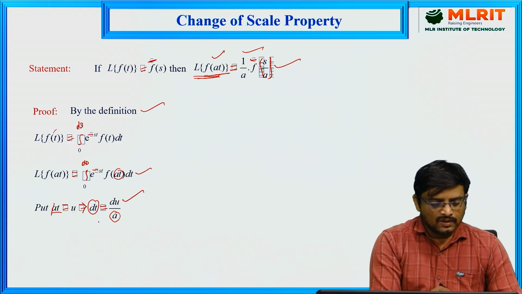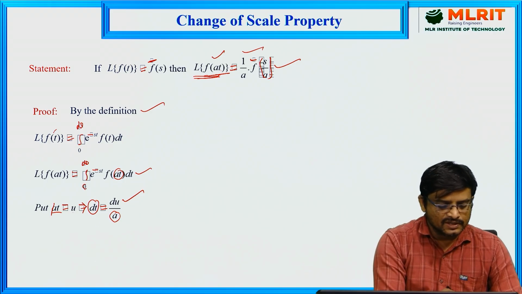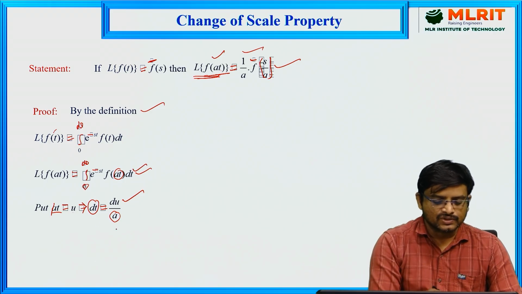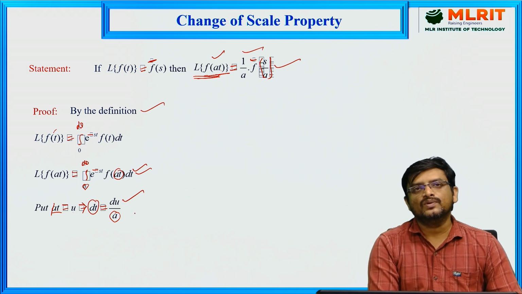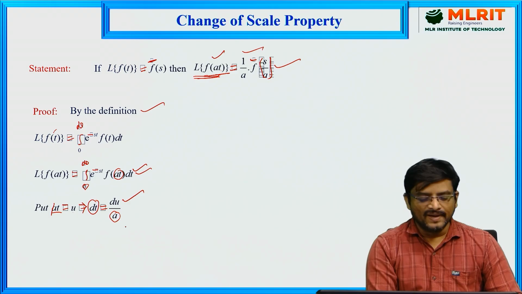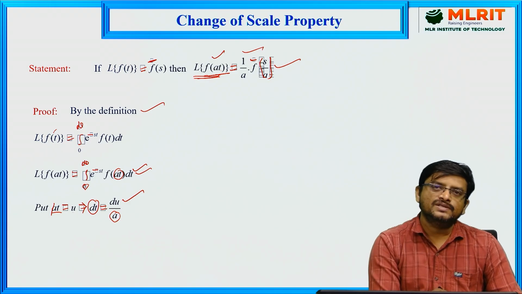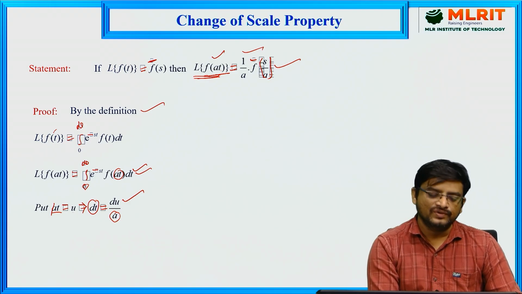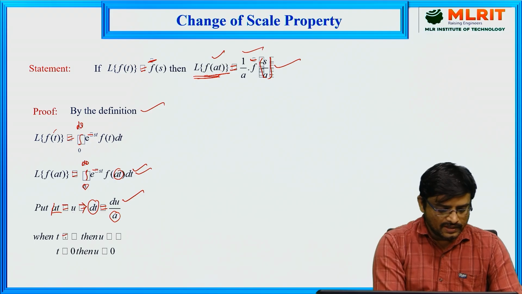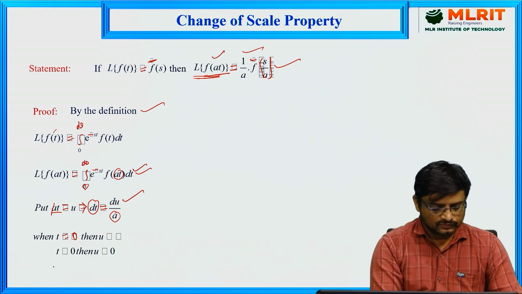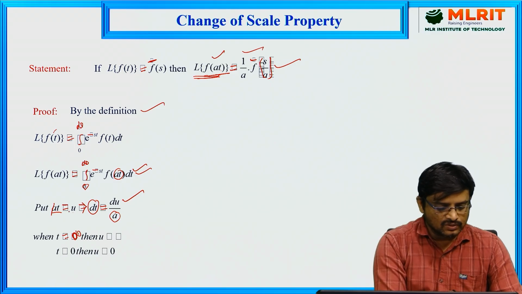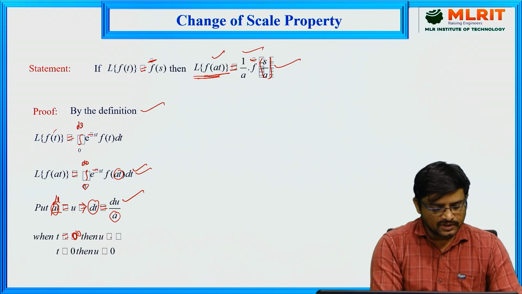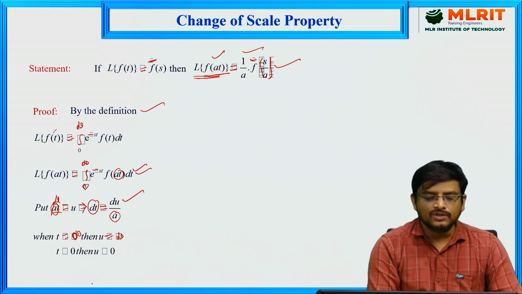Now since this integral's limits 0 to infinity belong to t, but we are replacing t in terms of the new variable u, depending upon these t limits I want to get the limits of u. So when t is equal to infinity, infinity into something is equal to infinity, so you will get u value is also equal to infinity.